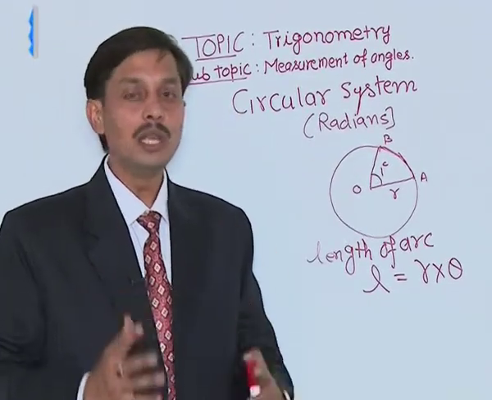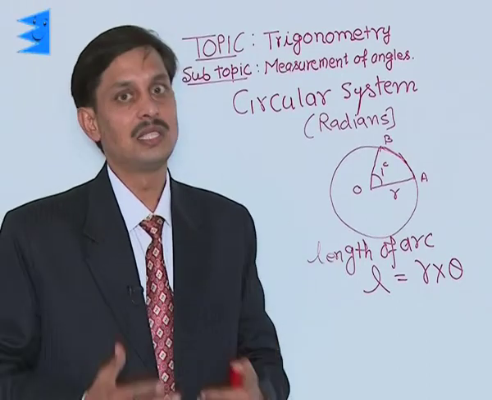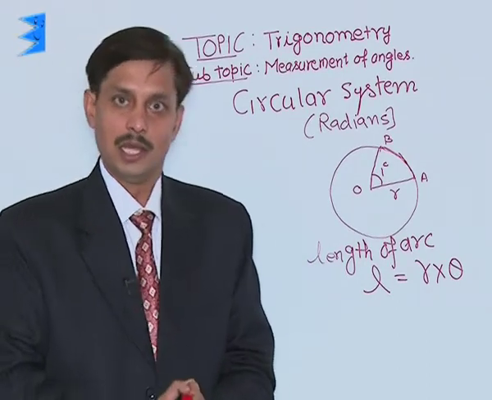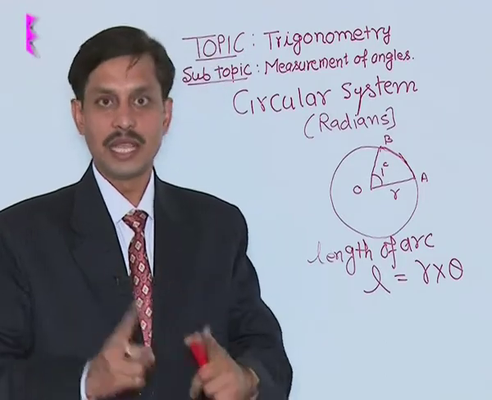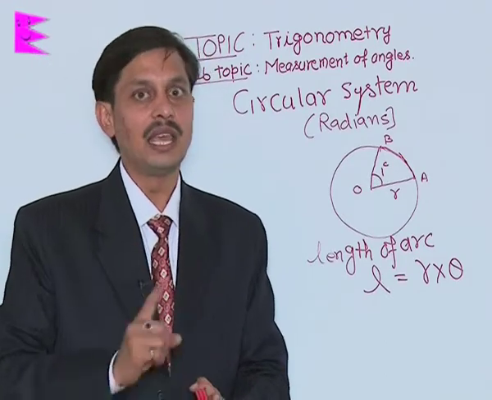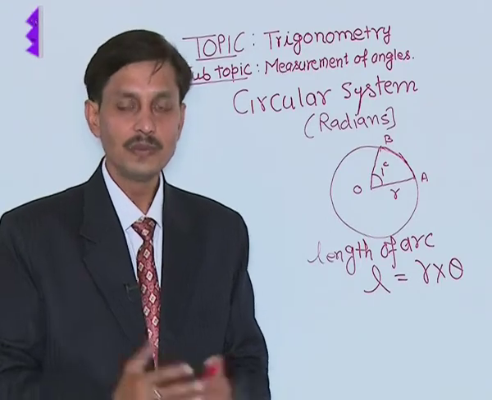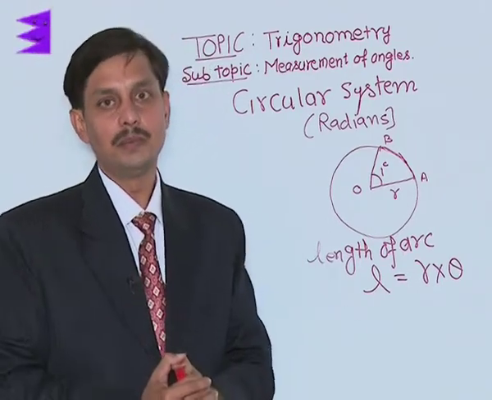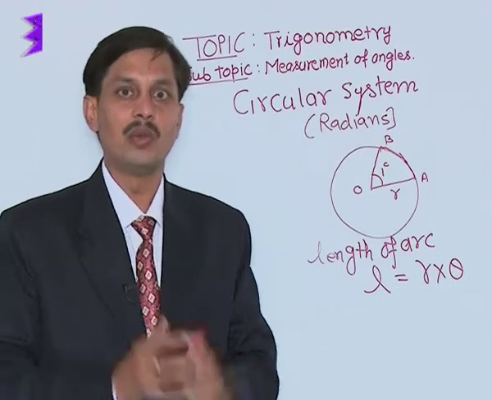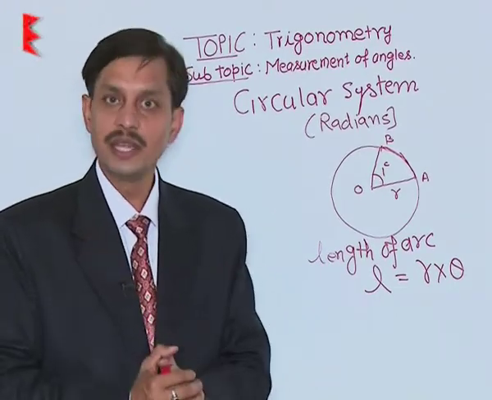So we have 3 types of systems of measurement of angles. One is the sexagesimal, where we measure the angle in degrees and 1 right angle equals 90 degrees. The second is known as the centesimal, where 1 right angle equals 100 grades.